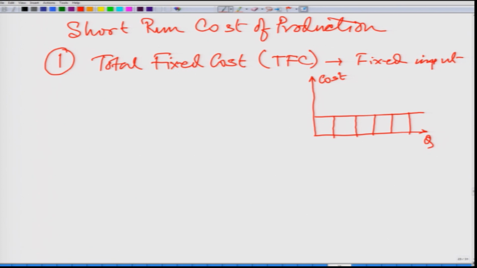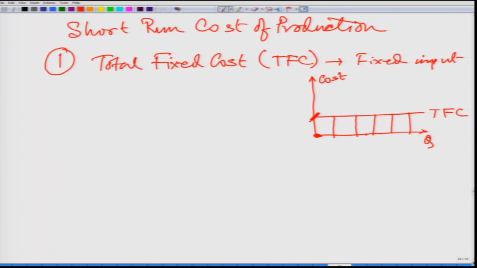Even if output is 0, I incur this amount of cost, and as the total quantity increases, total fixed cost does not increase. So total fixed cost is a horizontal line parallel to the x axis.